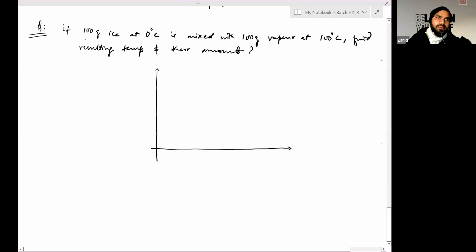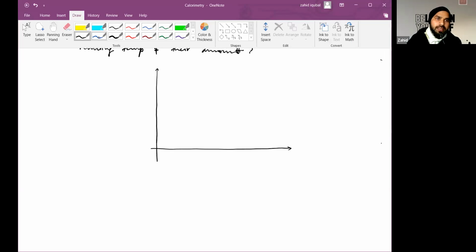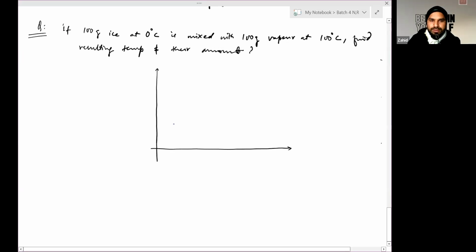According to this question, we have initially 100 gram ice at 0 degrees Celsius. So it may be at this point, ice. First, it will require heat to change its state from this point to this point to convert into water. So this will be small q1.